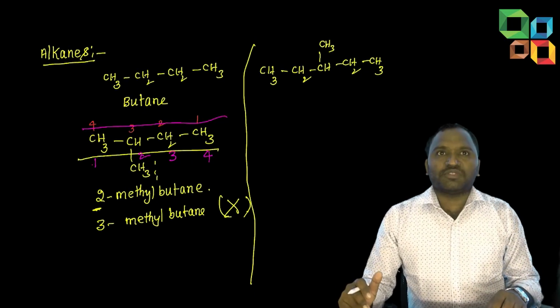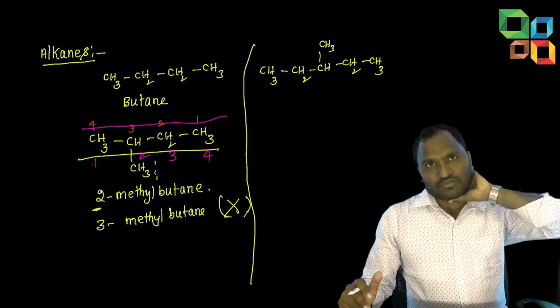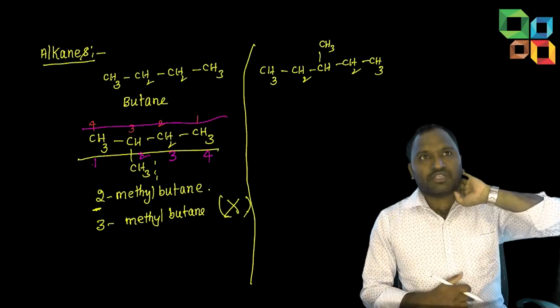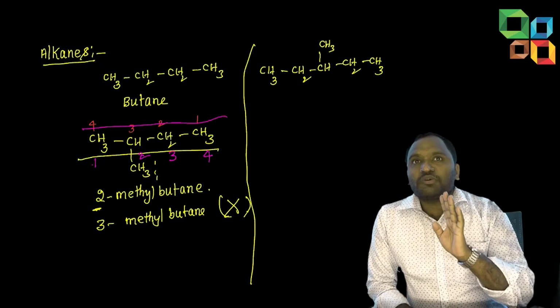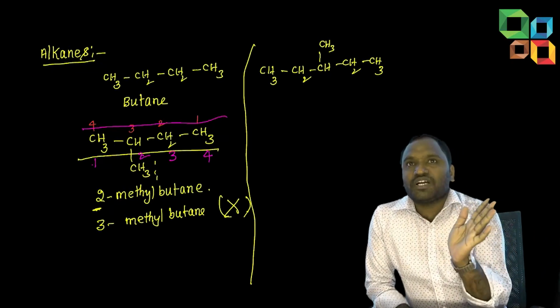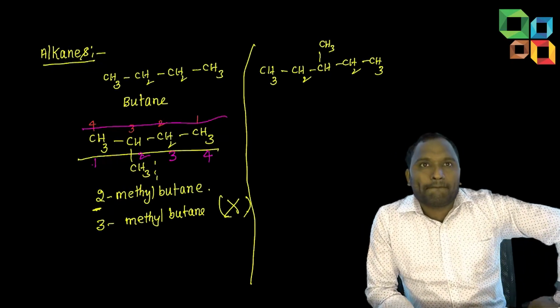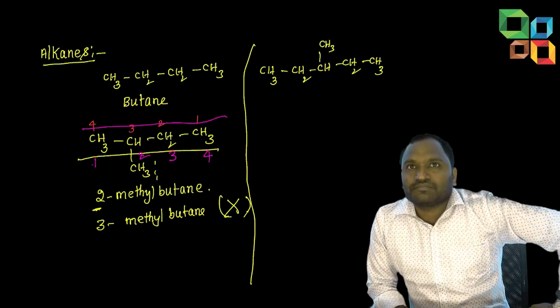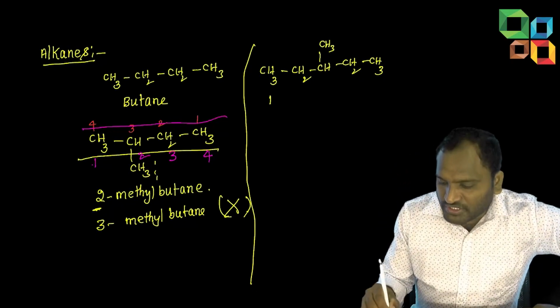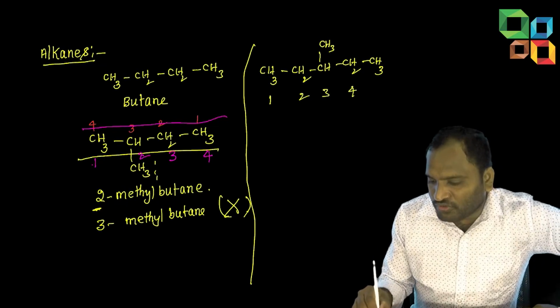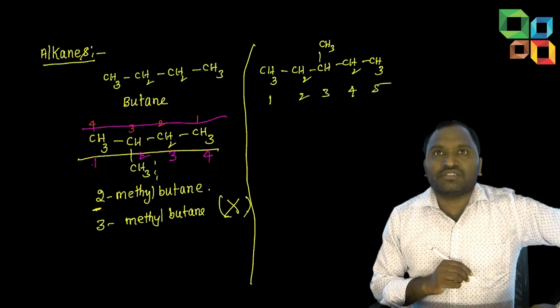Anyone, can you tell the name of this compound, students? 3-methylhexane. Chinmay, correct answer. From which direction you have to give numbering, students? The same. Any side you can give. See, students, from this side, if you give 1, 2, 3, 4, 5, hexane you said.